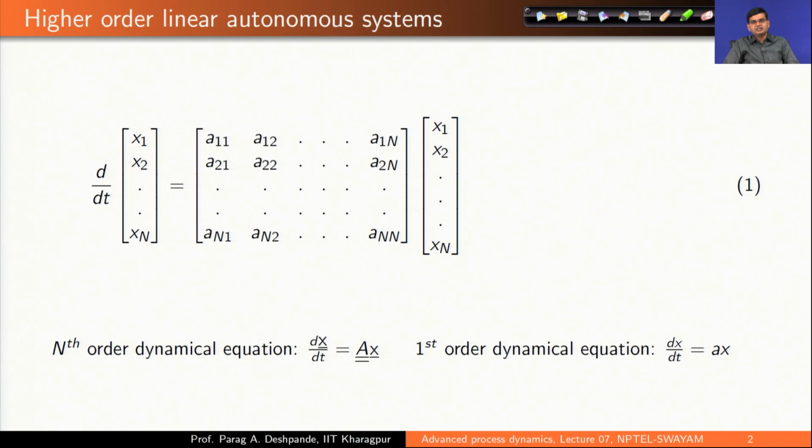And we said that there is a very close similarity to the first order dynamical equation, where you can simply substitute the first order variable x by the vector x and the variable A by the matrix A.